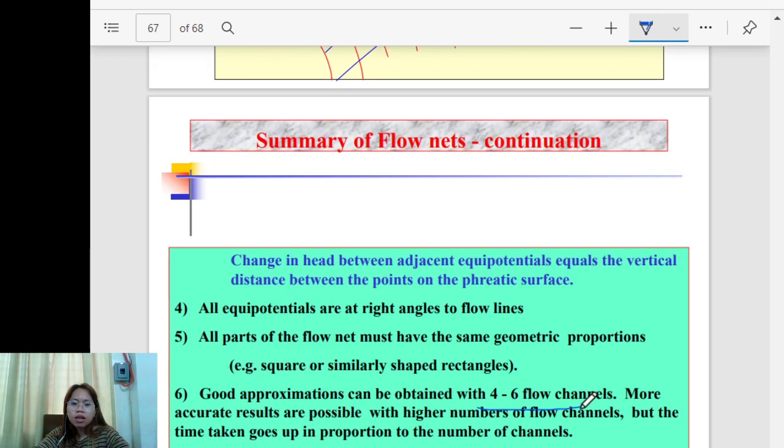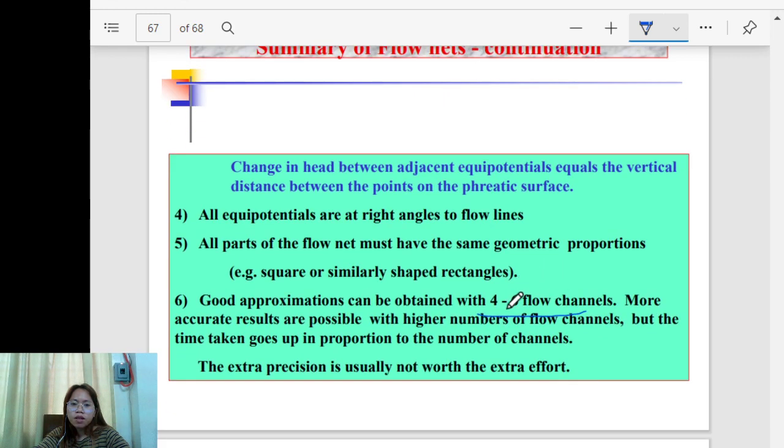So usually the accurate results, no, good approximations, using 4 to 6 flow channels or flow area, no, flow channels. So this is the flow line, and this is the equipotentials, no. If the flow of water is padong dito, dito.